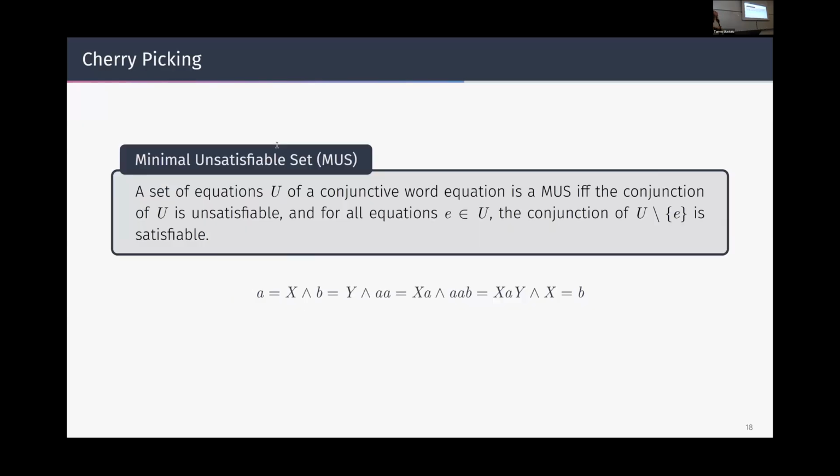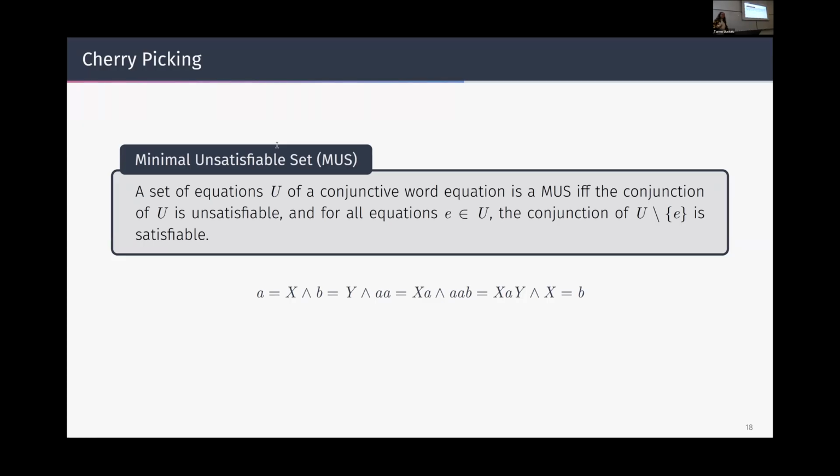So for the third, when we tried to see what can help the GNN, we talked about a minimal unsatisfiable set. For a word equation, a minimal unsatisfiable set is a subset of the conjunctive word equation, such that it's unsatisfiable, and if you remove one equation, it becomes satisfiable.